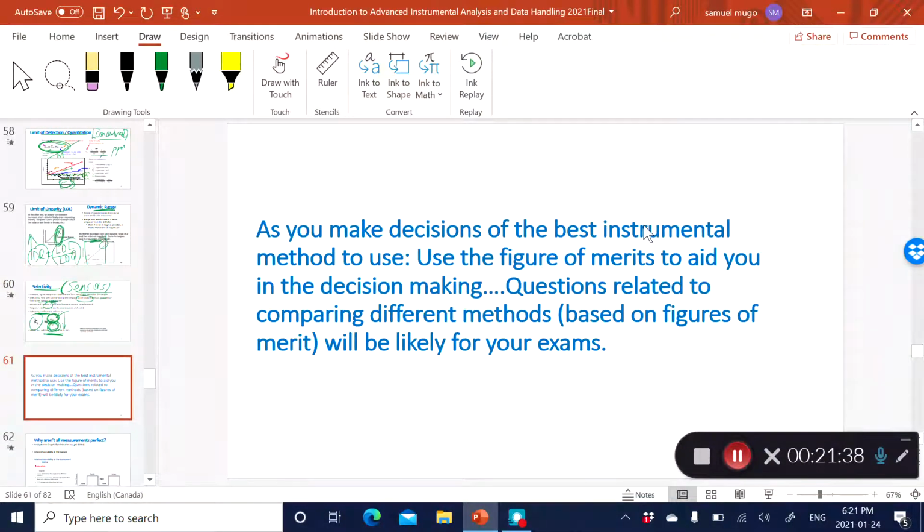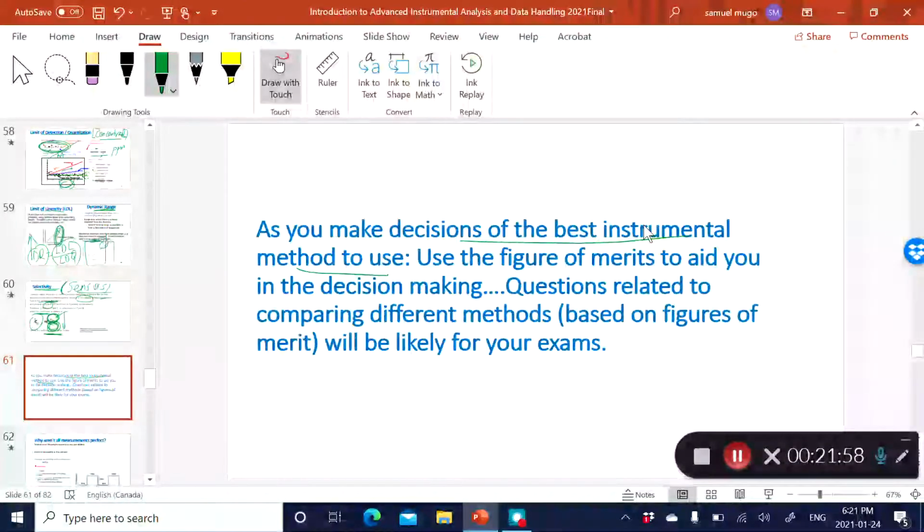So that's all that I'm going to say about figures of merit. Remember again, the importance of figures of merit is really to help you make decisions on which instrument to use for a certain problem. In this course, it's very important to remember how to apply the figures of merit to compare different types of methods, and you may likely come across that kind of question in the exams.